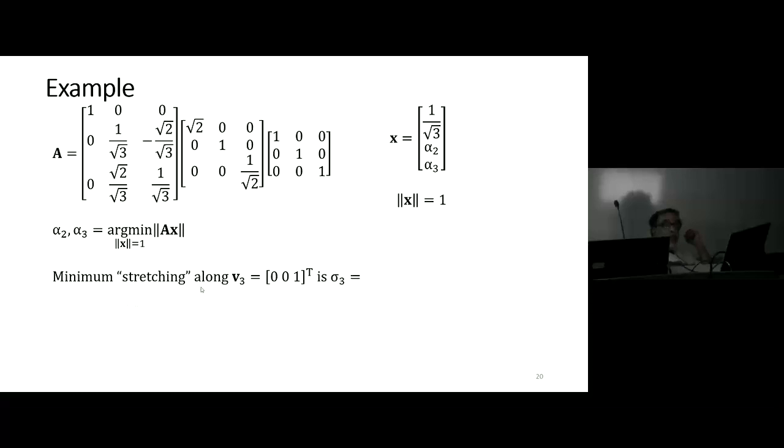The minimum stretching occurs along v3. So we have to set alpha 3 equals 1, alpha 2 equals 0, and what we get is root 2 over root 3. Not 1 over root 2, root 2 over root 3. Sorry, I've written it here. This is a typo, root 2 over root 3.